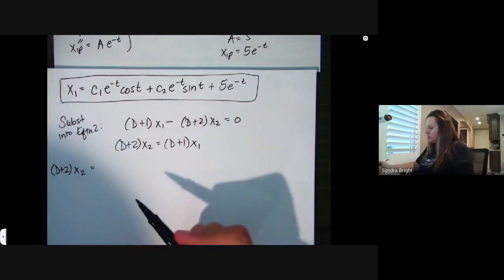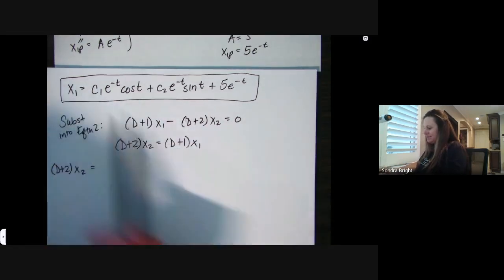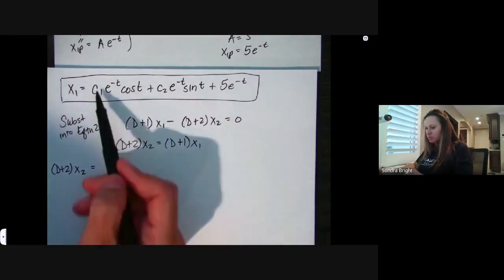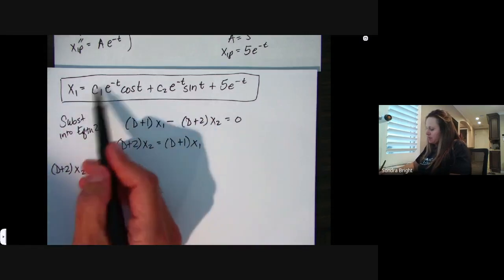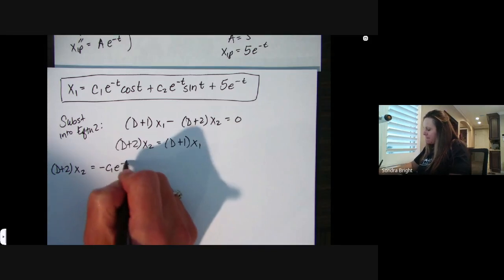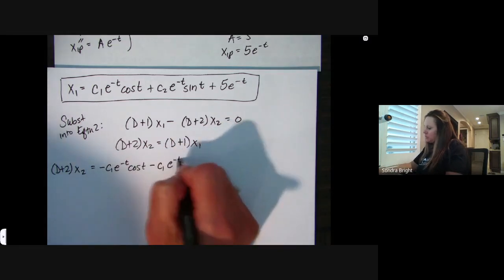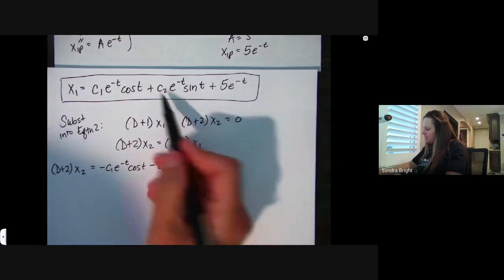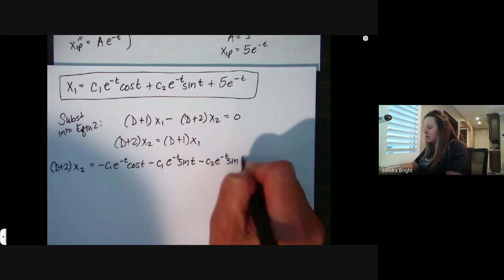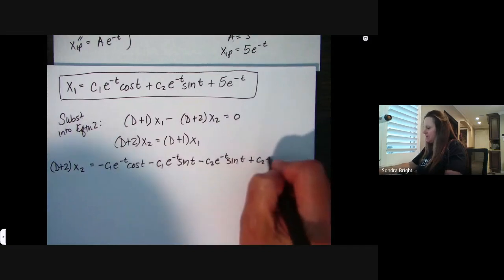So that this isn't too long, I won't go through all the steps, but keep in mind, I'm taking the derivative of x1 up here, because D of x1, I'm going to take the derivative of this whole thing and then add to it the whole thing. It is product rule, so doing this would be a negative c1 e to the negative t times cosine of t, and then minus c1 e to the negative t sine of t. And then derivative of this guy would be a negative c2 e to the negative t sine of t plus the derivative of sine, which is cosine, so a plus c2 e to the negative t cosine of t.